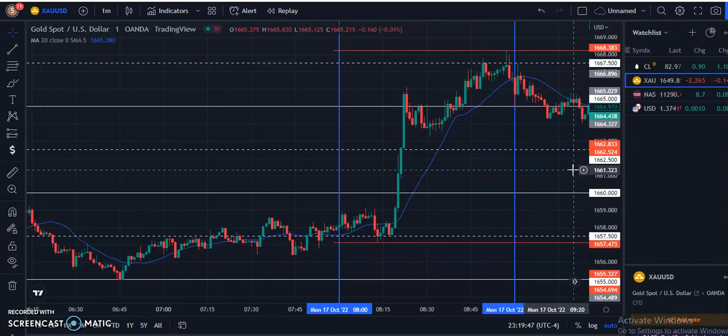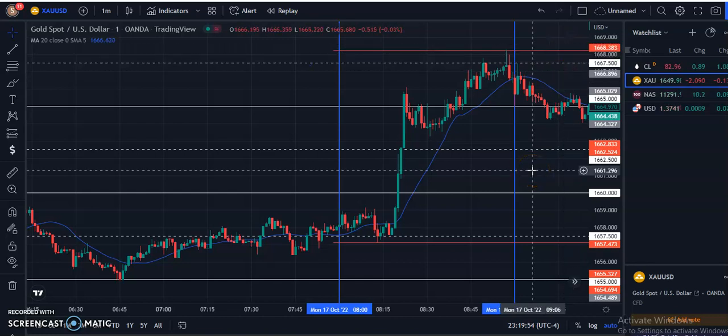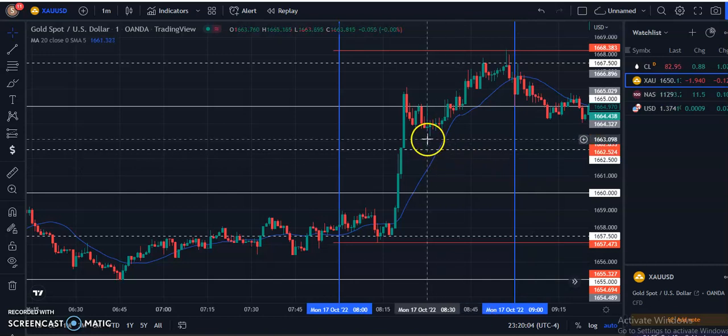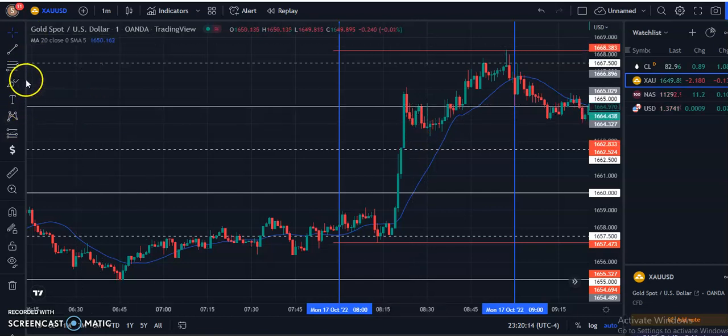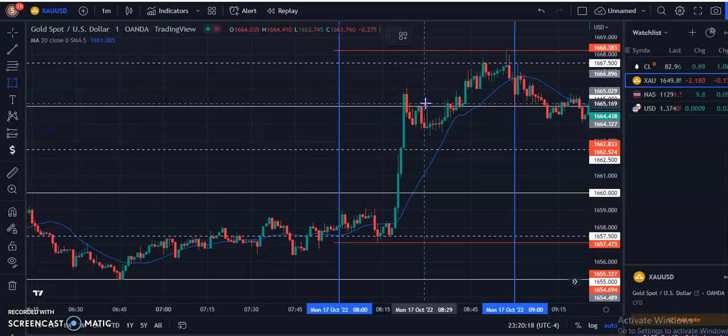for me, I'm expecting this market to go back to the high of the session. Now, there are certain candle structures that usually give me a hint that we are going up. For example, look at this bearish, what is it called? This is a hanging man, or I don't know, I don't remember the name exactly, but let me show you which one. This one.